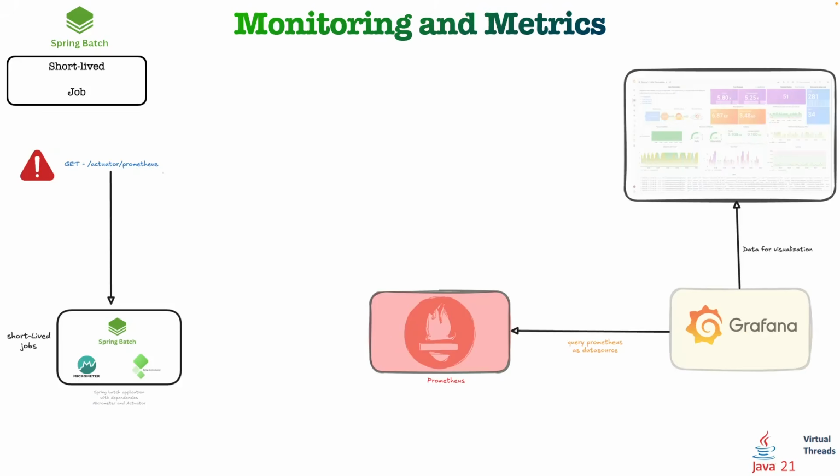If we try to use the same approach for short-lived jobs or short-lived applications, this will not work, because Prometheus may try to pull the metrics from our application, but as it is a short-lived application, maybe at that time the endpoint will not be available. As a result, metrics from our job will be lost because Prometheus cannot reach the endpoint. So this is a big problem. We will not be able to monitor our SpringBatch or short-lived applications using this approach.